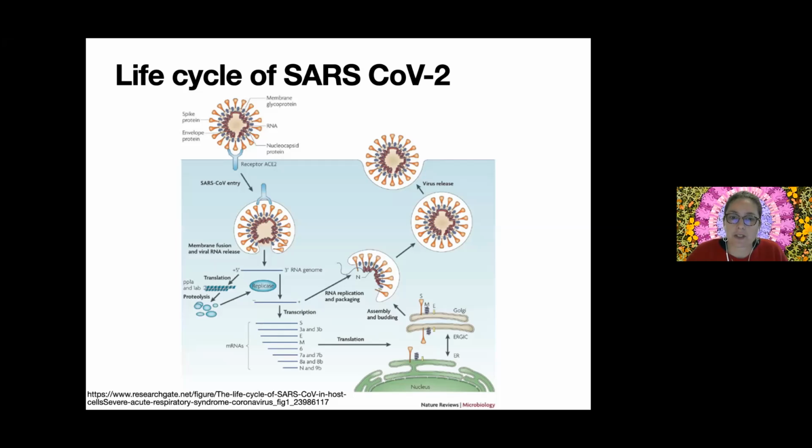Its genome is released into the cell and is translated into a series of proteins. These proteins help facilitate the replication of the viral genome and the assembly of new viral coats, allowing the virus to create many copies of itself. Essentially it's tricking the host cell into making many copies of the virus, and then this is released.